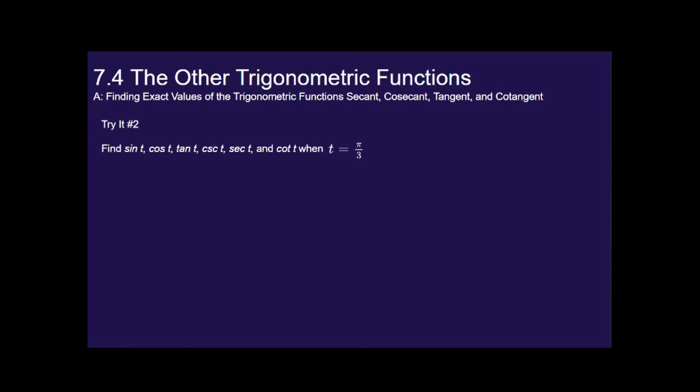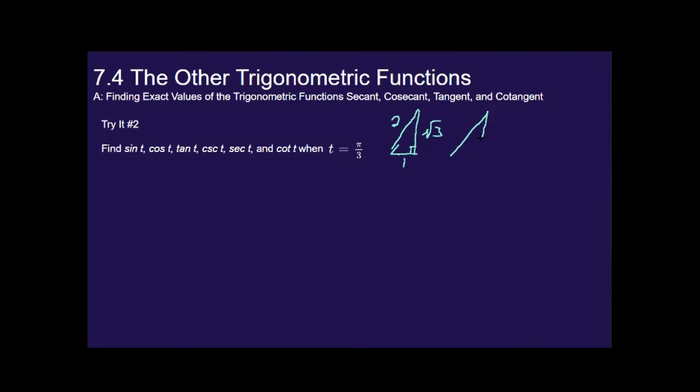Try it number 2. Find sine, cosine, tangent, cosecant, secant, and cotangent when t is equal to pi over 3. To get you started, I'm going to go ahead and sketch pi over 3. Sorry, that's a horrible sketch. We know that's a 60-degree triangle, which means our ratios are 1, 2, square root of 3.